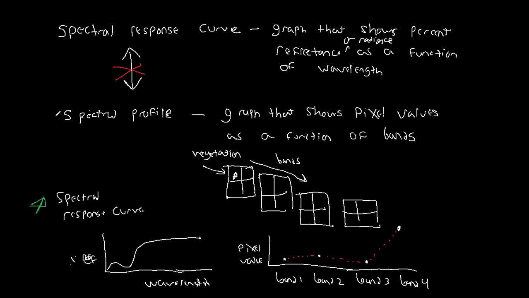But again, I want to make clear the difference between a spectral response curve, which shows reflectance as a function of wavelength, and the spectral profile, which shows pixel values as a function of bands. Normally the bands will be in wavelength order, which lets you have the same shape. But again, we've lost a lot of information because a spectral profile is not necessarily identical to a spectral response. Hopefully that makes sense.